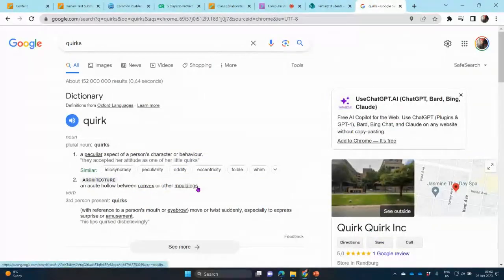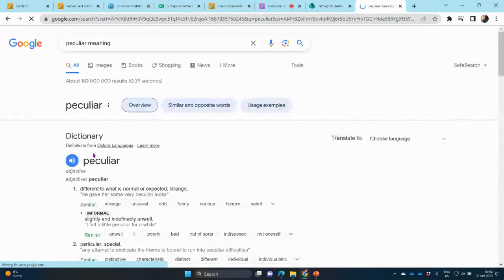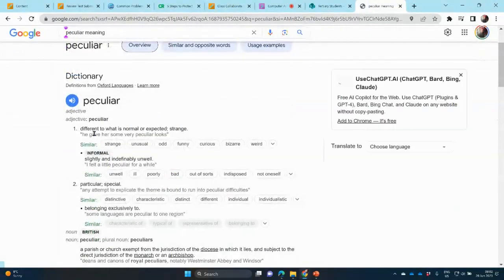So something that's unusual. When you're capturing video, what's unusual? Okay, peculiar. If you don't know what peculiar is, you click on it and it will say slightly different to what is normal or expected. So something that is unusual, unusual behavior.